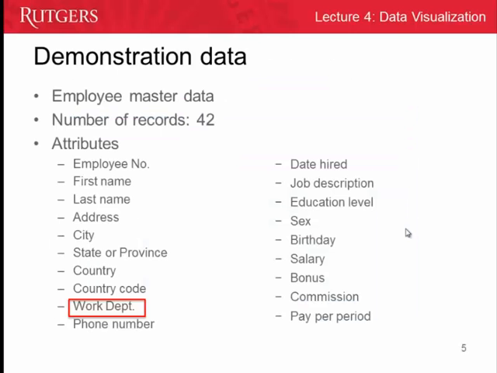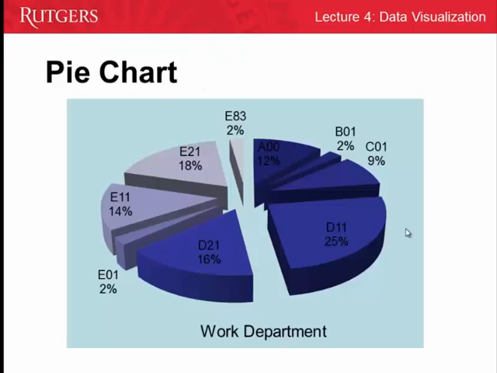Okay. The data we're going to use in the demonstration is still the employee master data that we used in last week's lecture. The first chart we're going to discuss here is the pie chart.